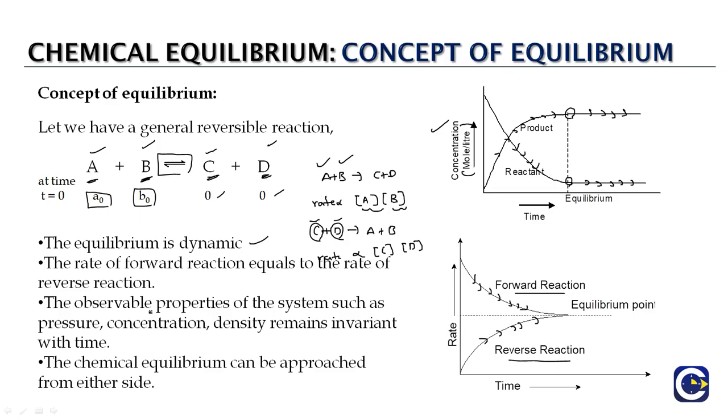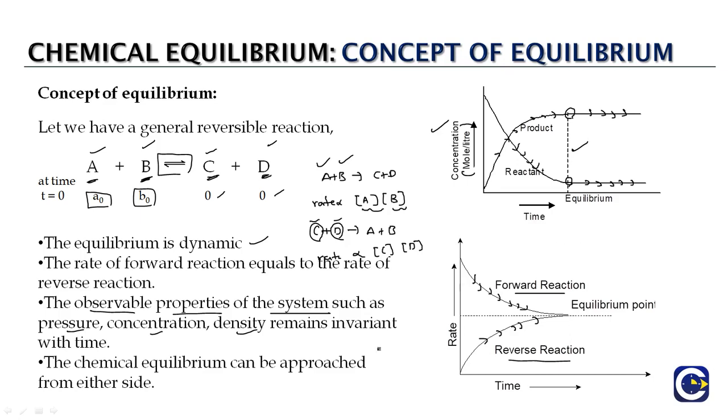And the observable properties of the system, by which we are referring to the entire reaction mixture, such as pressure, concentration, density, even color and some of the other properties, will all remain invariant with time, which means they will remain constant with respect to time. So henceforth, once we reach this equilibrium stage, the composition, properties, everything about the reaction mixture are going to remain the same.